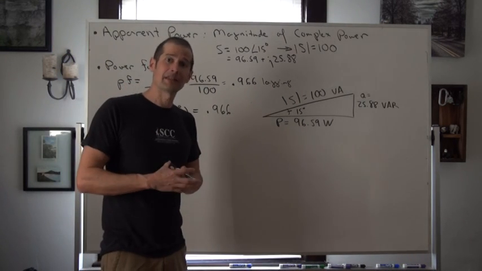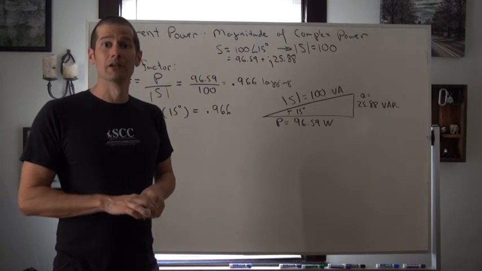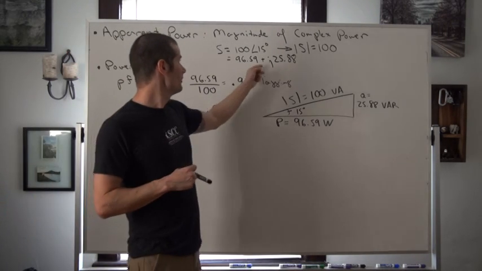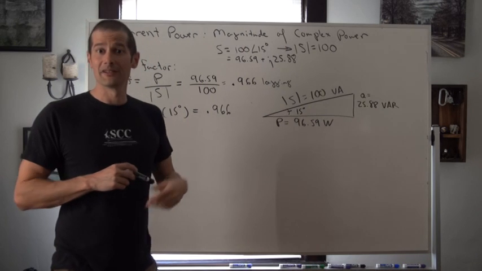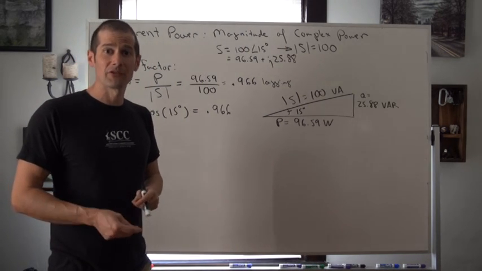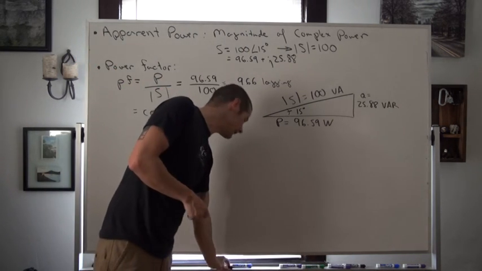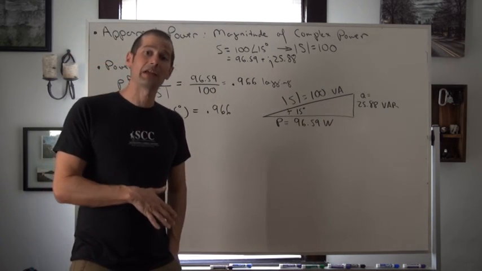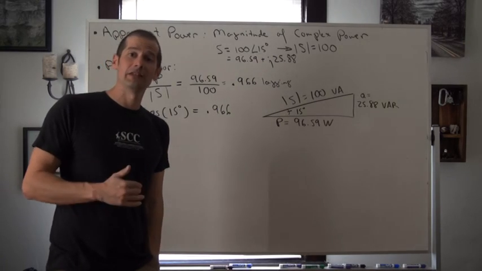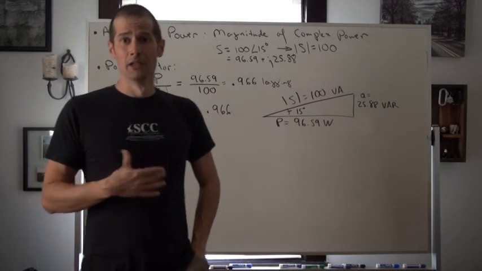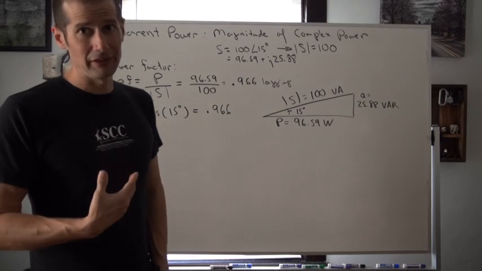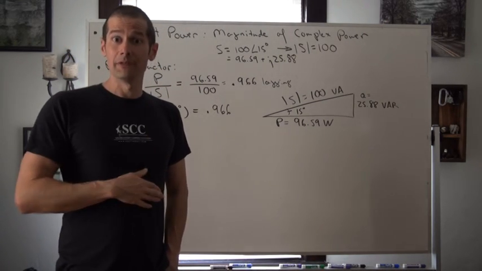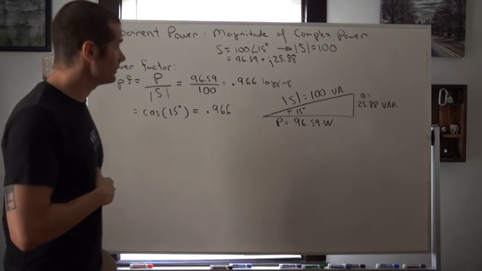If I say leading, that means we have negative reactive power, meaning the system is capacitive. But here, positive reactive power is exactly what we expect for an inductive system. If we had negative reactive power, the power factor would be leading. We always have to say whether the power factor is leading or lagging so that we understand whether the system is mostly inductive or mostly capacitive in nature.